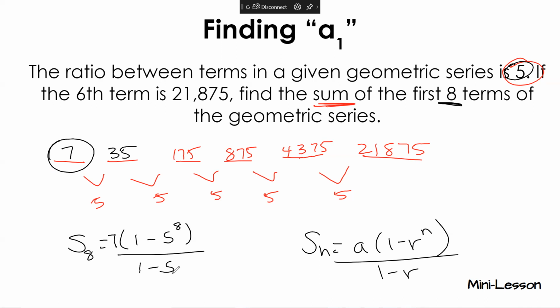All right, so we're going to plug all of that into our calculator. And when we do that, we're going to get 683,592. Ta-da.